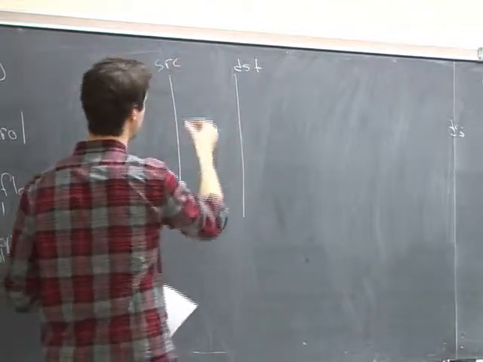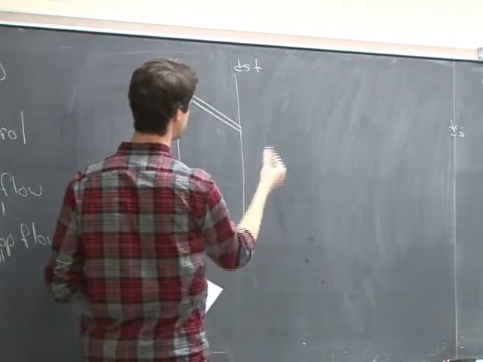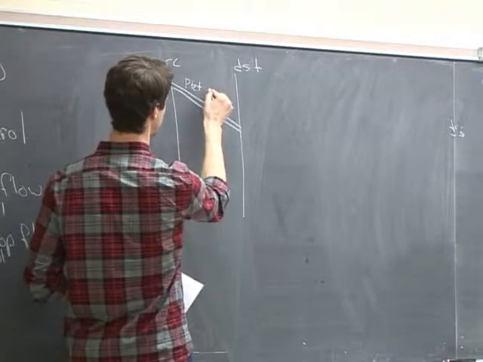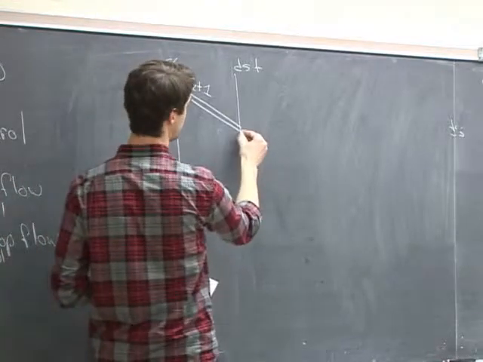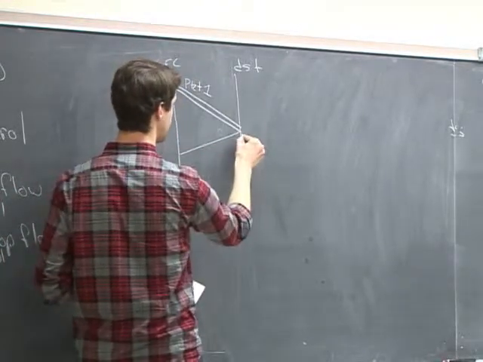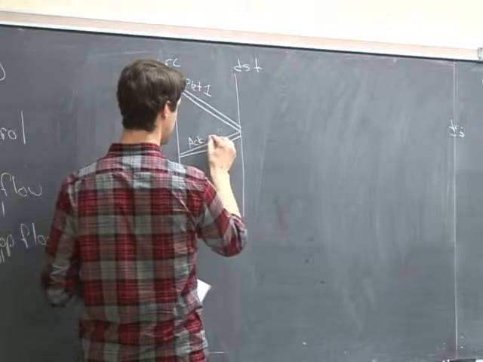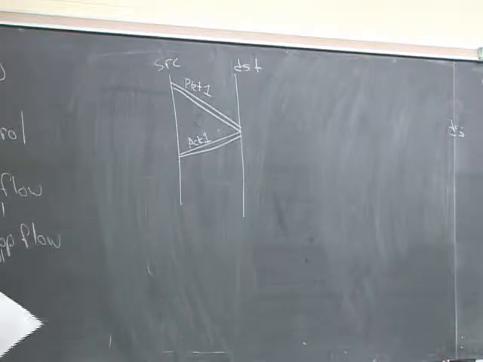Time is going down. So now when we send a packet, let's assume that we label it a number. So this will be packet 1. All right? And then whenever our destination acknowledges a packet, it includes the sequence number of the packet that it's acknowledging. Okay?